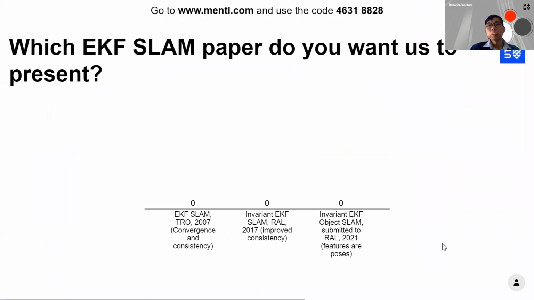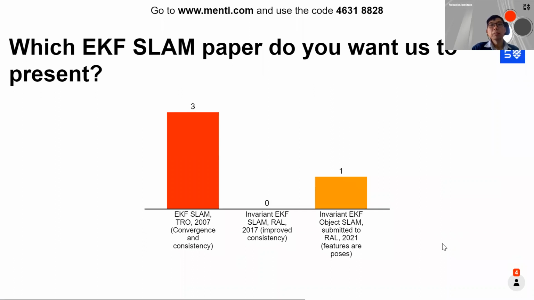So these are the 3 papers about EKF. Maybe you can tell us which one you want to listen to. The first one is a bit old, but it's probably the most fundamental one, and we can point out the problem. And the other one basically solved the problem we pointed out in the first paper.